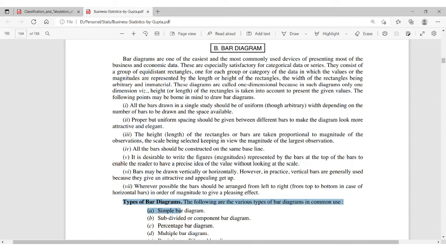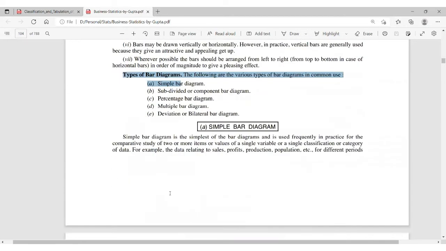It is desirable to write the figures represented on the bars. Bars may be drawn vertically or horizontally. Whenever possible, the bars should be arranged from left to right.